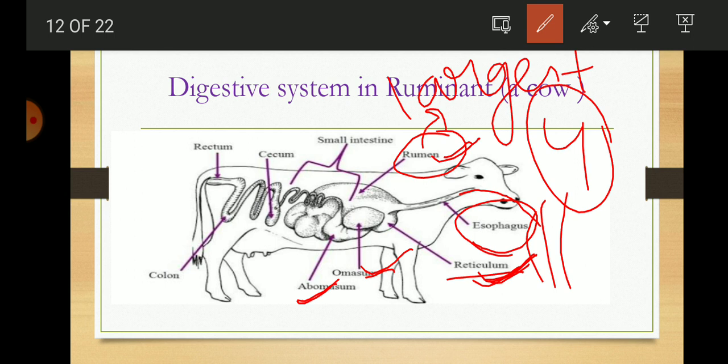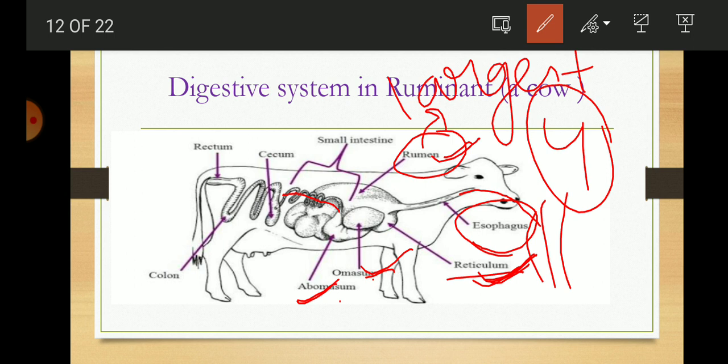Then we have the omasum, the abomasum, and after the abomasum the food goes into the small intestine. As you can see, there is a spiral part, known as the small intestine region.